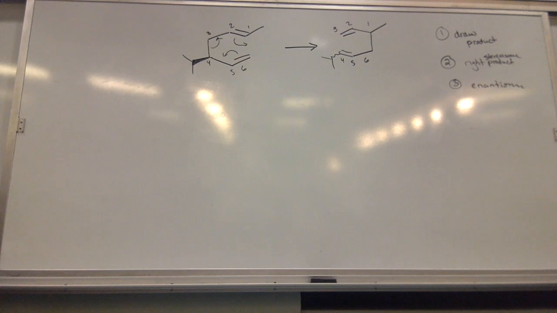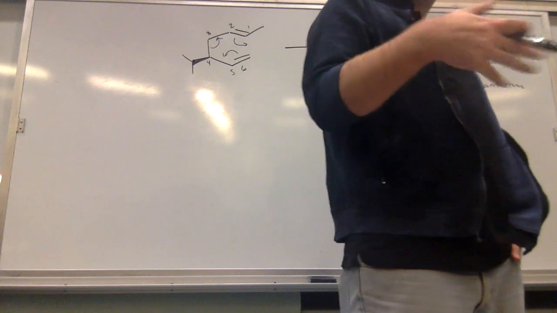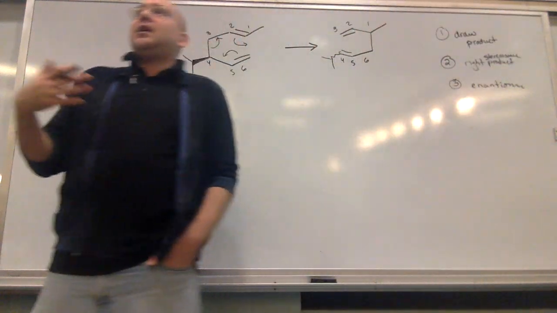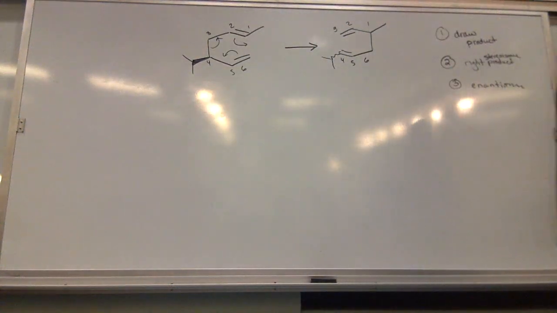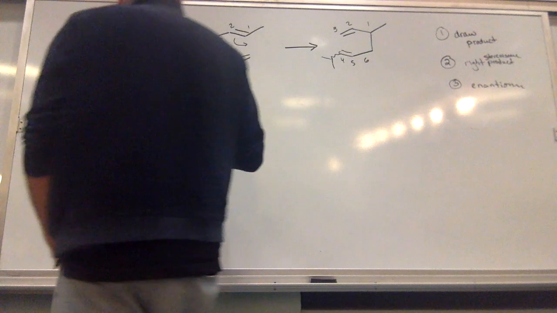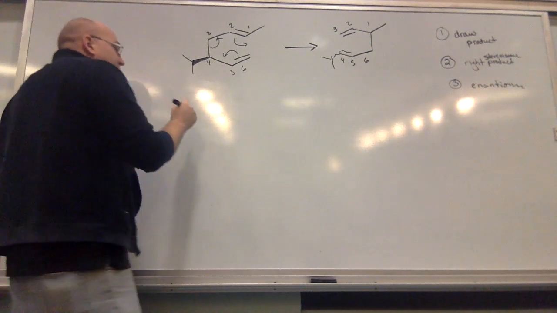Thermodynamic control. So what do you think that alkene stereochemistry is going to want to be? It's going to be trans, and we'll have to consider that in the transition state as well. It becomes trans in the pseudo chair by adopting what configuration? Equatorial. So the equatorial group on the pseudo chair becomes that. But now we have a chiral center, so we have to pay a little bit closer attention here.